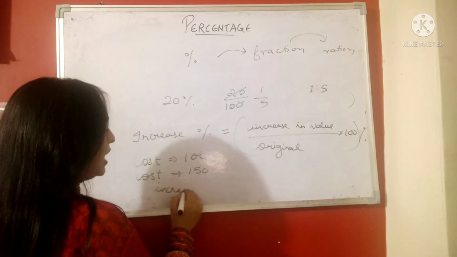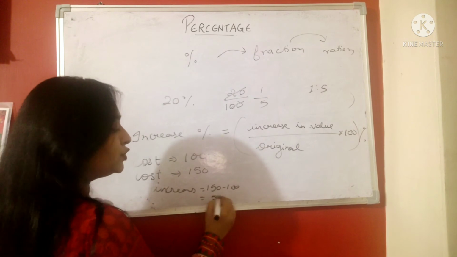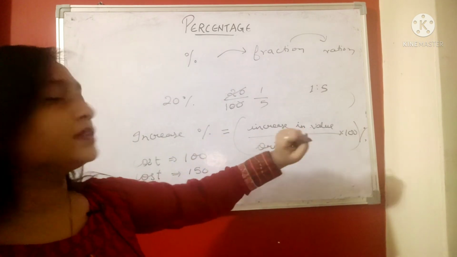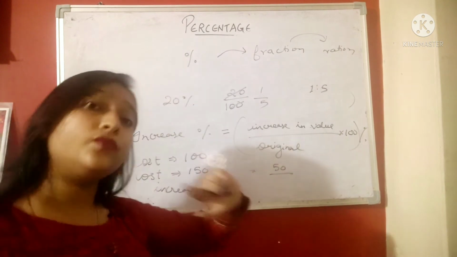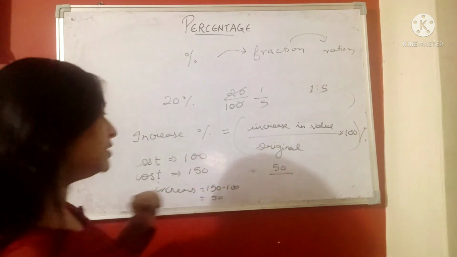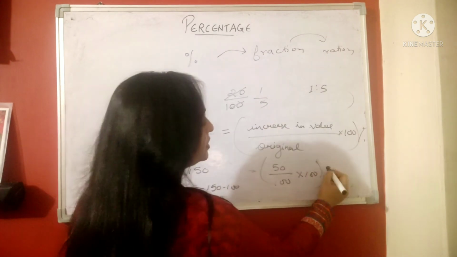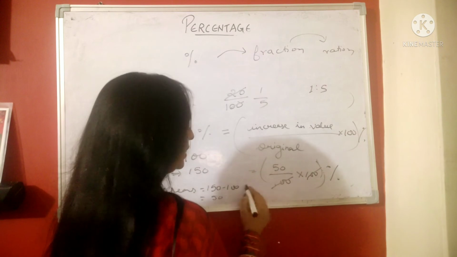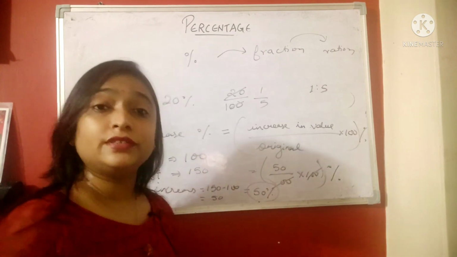Increase in value is 150 minus 100, that is 50 rupees. So we substitute the value over here. So 50 upon original. What was the original money? That was yesterday's money. 100 into 100 and percentage sign. This 100 and this 100 will get cancelled and the percentage increase is 50%.